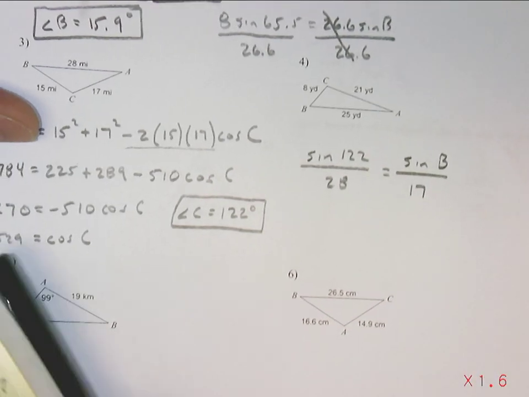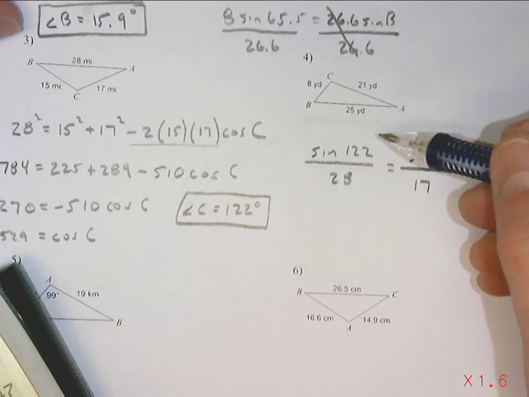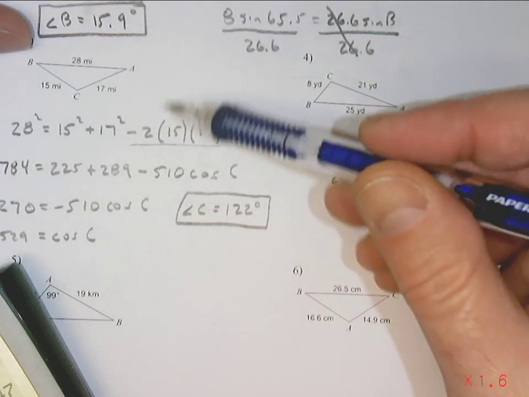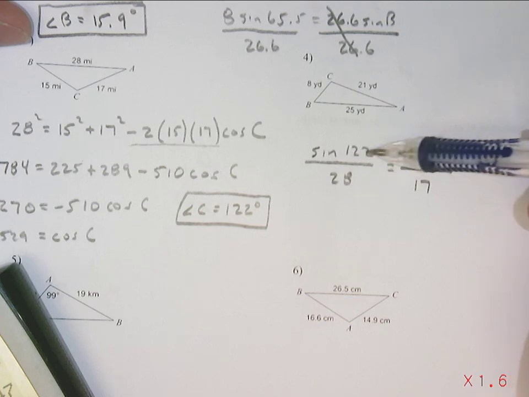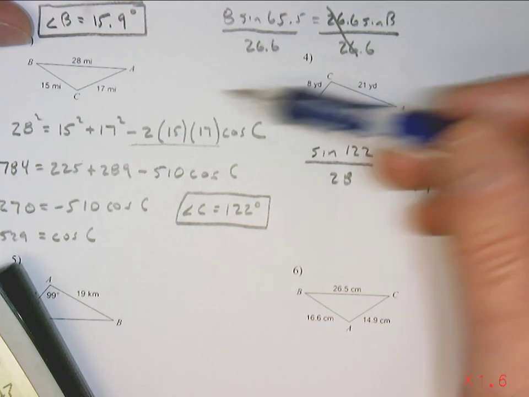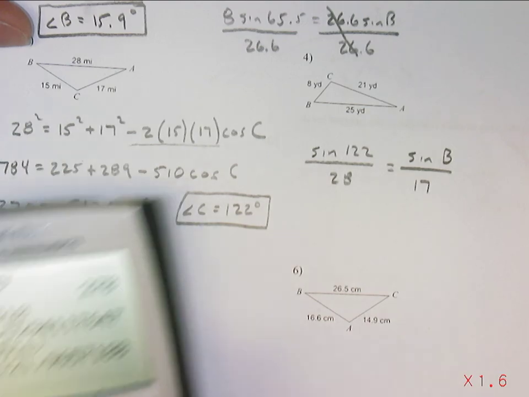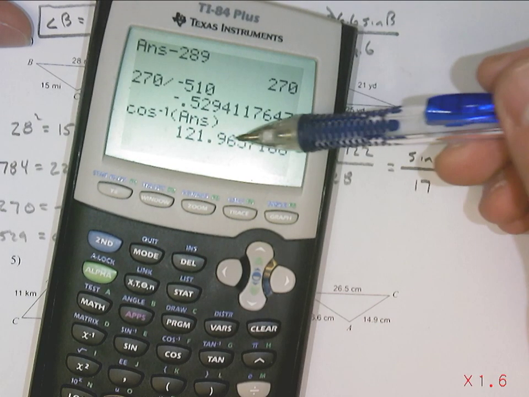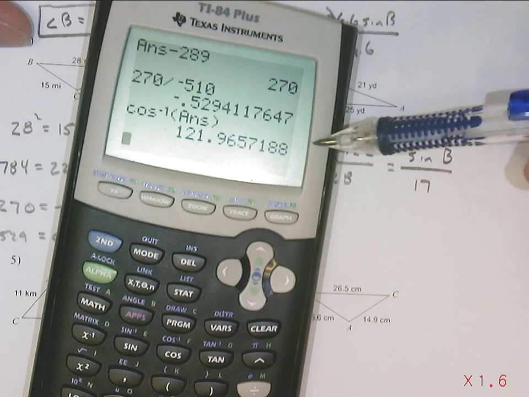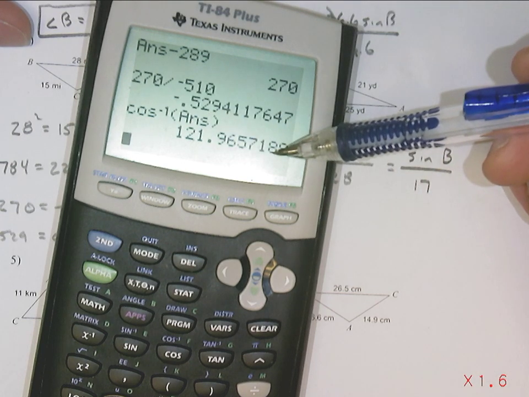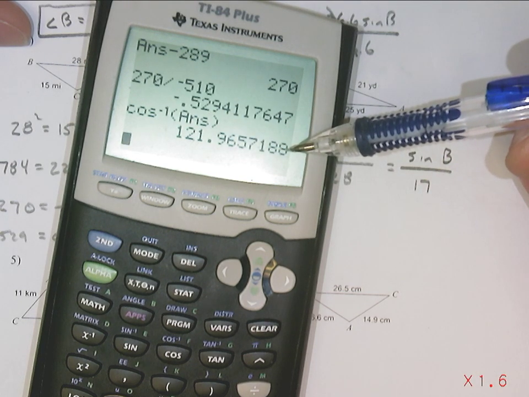Here's what I noticed. The book, this ditto, when it gives the answer key, uses 122. So it's going to give an answer based on solving this problem with 122. The right thing to do is to use the exact angle that we got from our calculator earlier.